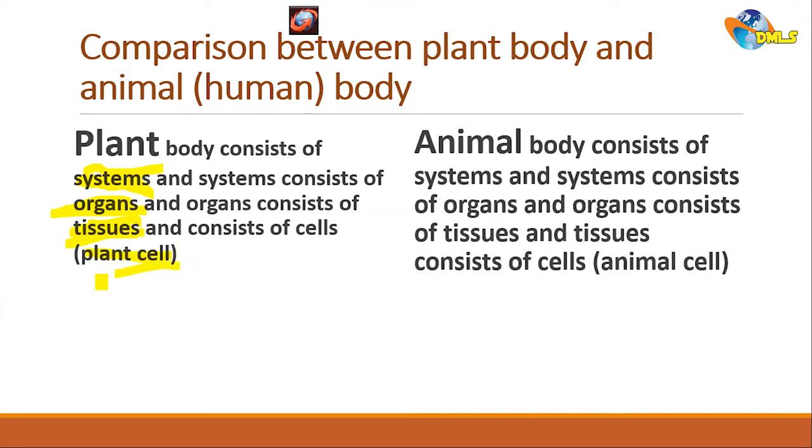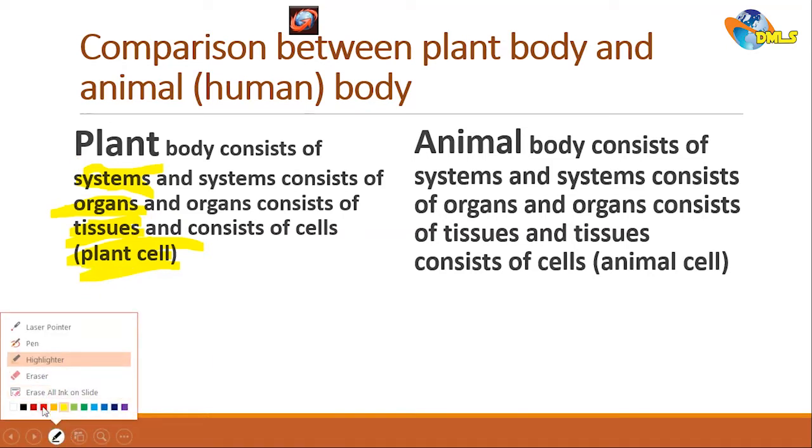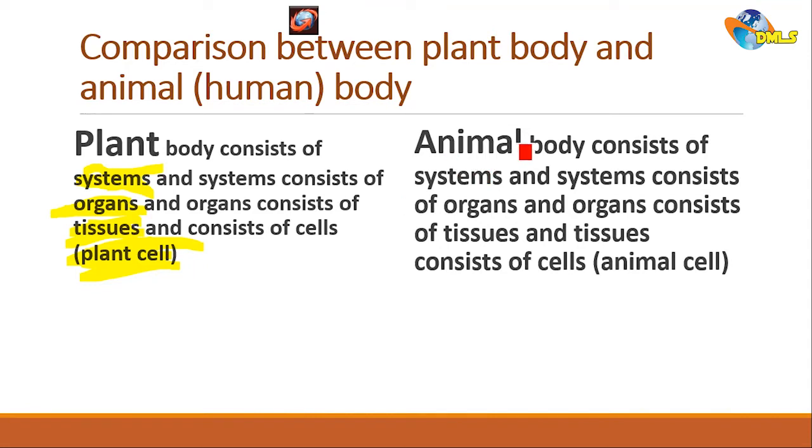For an animal body, let me highlight it for you. The animal body consists of systems. And the systems consist of organs. Nice, you've got it. And the organs consist of tissues, and the tissues consist of symmetrical animal cells.